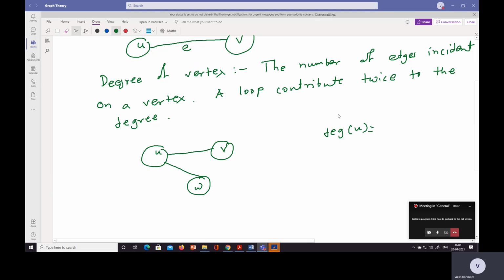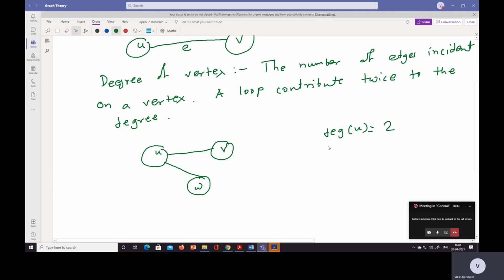The number of edges incident on a vertex. How many edges are incident on this U? 2. So the degree of U is 2.